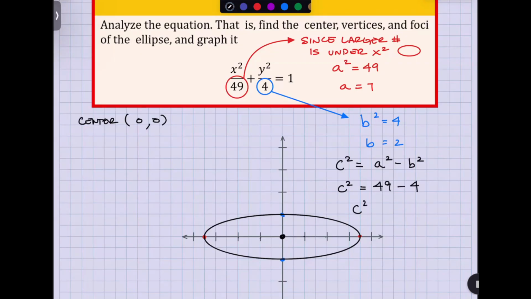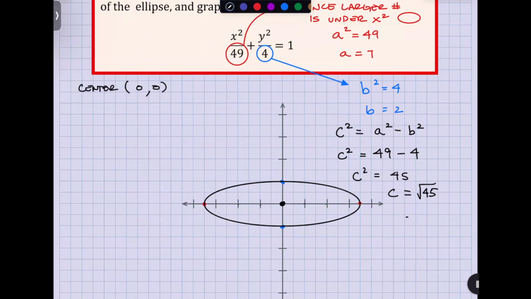So C squared is equal to 45. So C is equal to what? Square root of 45, which we can reduce as plus and minus 3 square root of 5, which is approximately plus or minus 6.7. So the decimal aspect of it is for us to graph, right, somewhere close.